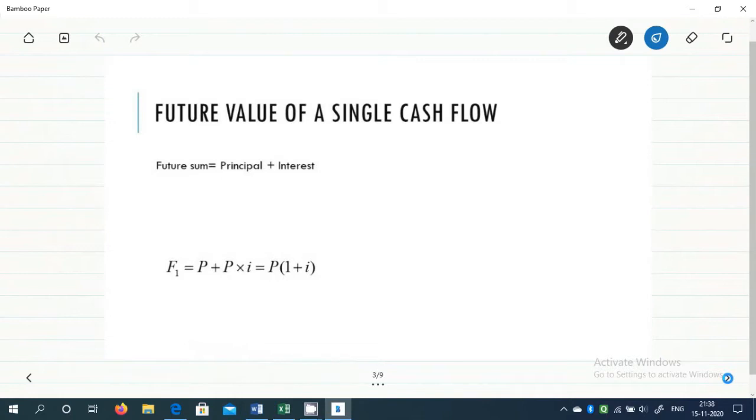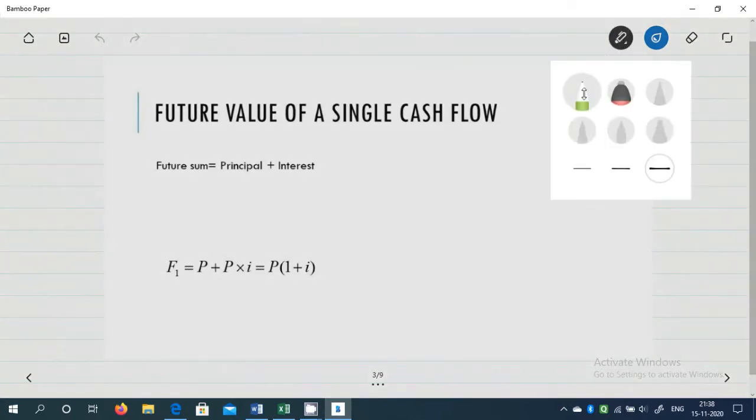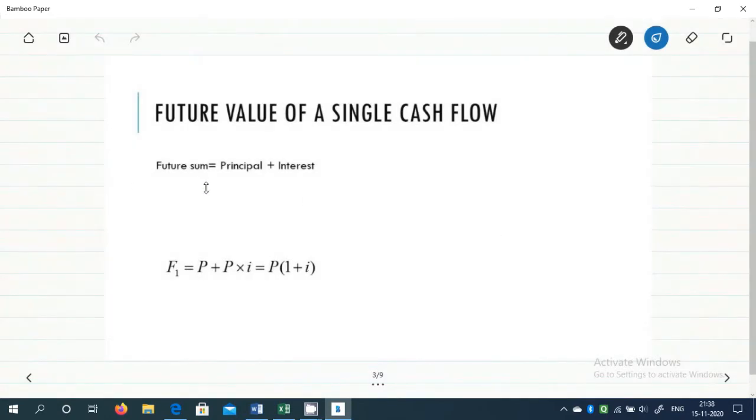For calculating the future sum, we take the principal amount. Say for example we take a principal amount of 100 rupees and we are getting interest of 10%. So 10% interest upon 100 rupees, and we are getting an amount of 110 rupees.